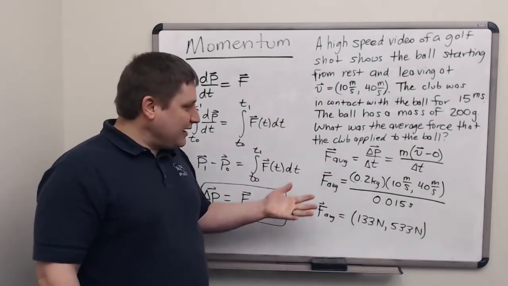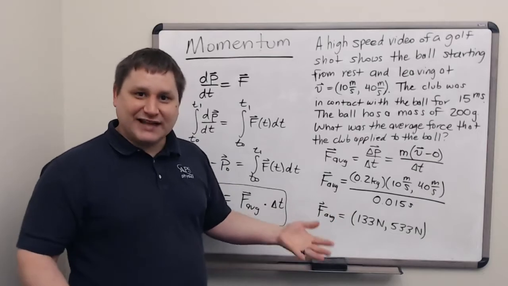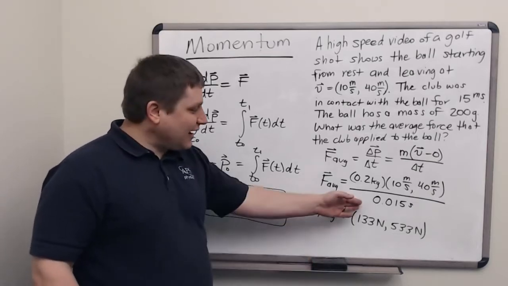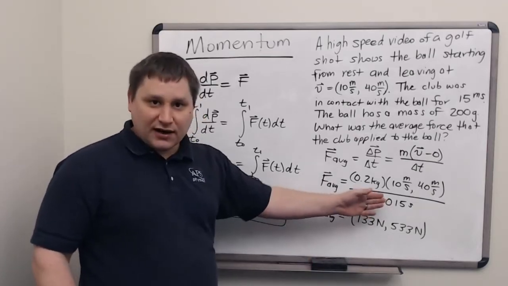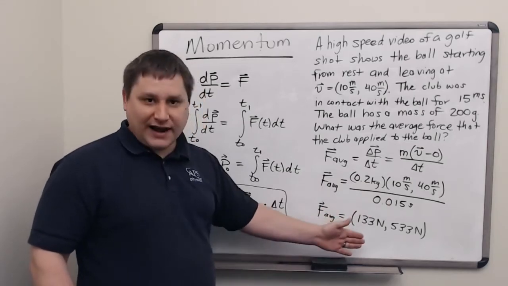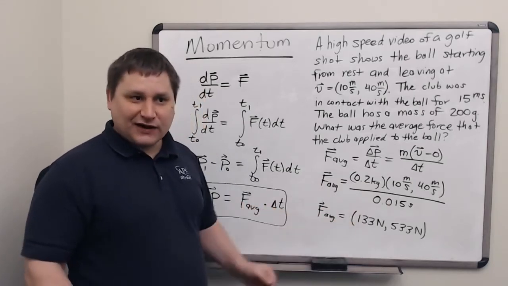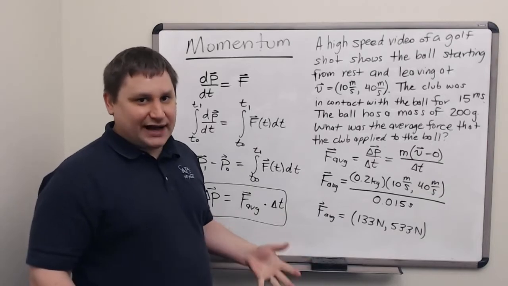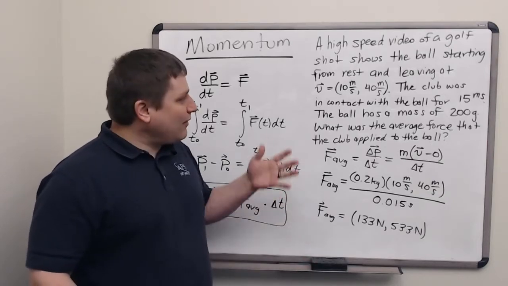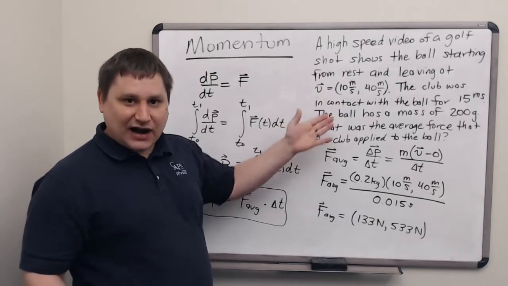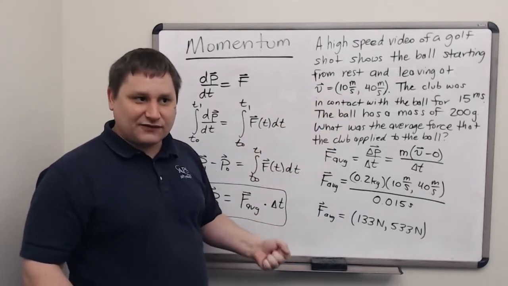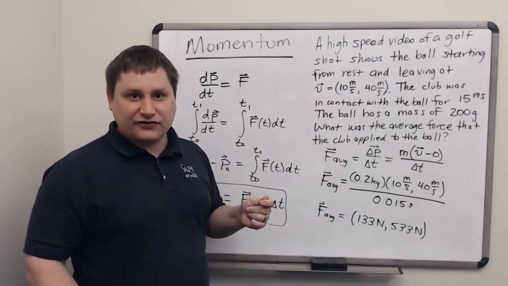If the club and the ball were squishy or elastic or rubbery, then this time duration would be longer and the force overall on average would be less. So these questions of force don't depend solely on how big the change in velocity is or how big the object is. They also depend on how quick the collision is.